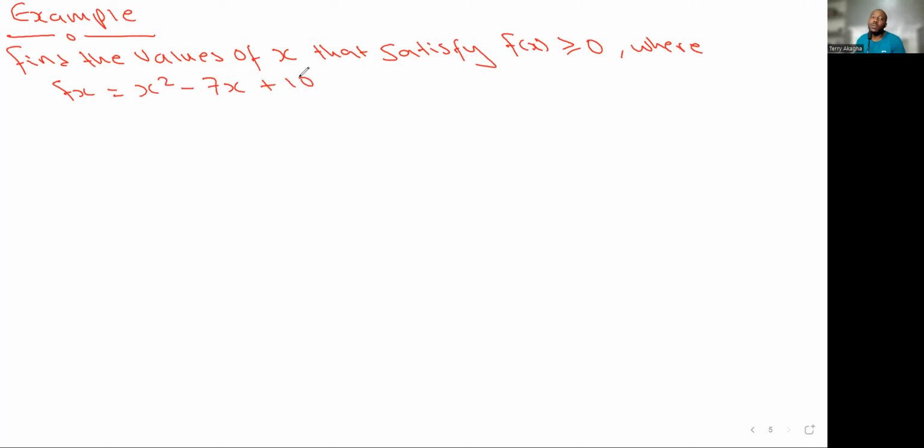Technically you can write it out, but usually the best way to do this is to sketch the inequality. All right, so let's start.